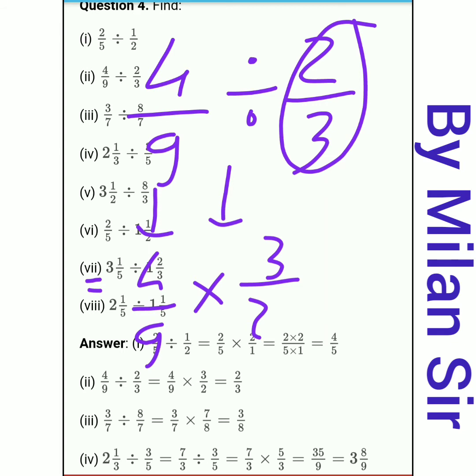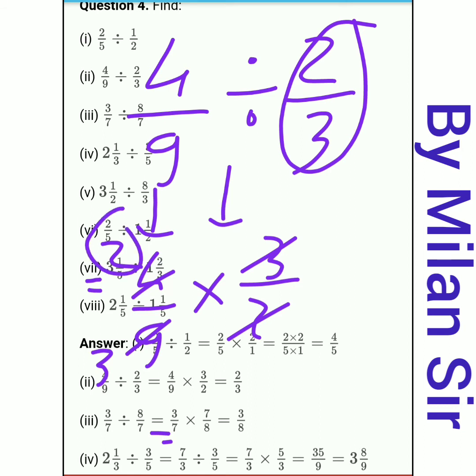Now here we can do the simplification, that means here 2 2s are 4. We can cut it because 4 is present in numerator and 2 is in denominator. So 2 2s are 4, and here 3 3s are 9. From numerator and denominator we can cut it. Now what is remaining?